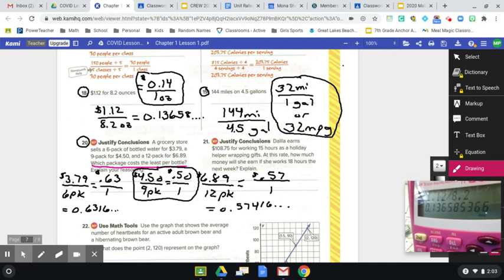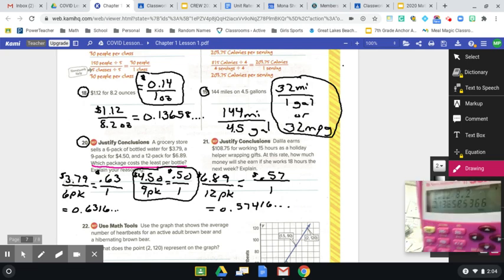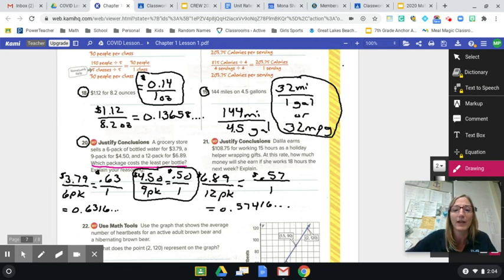So what you're looking at is that 6 in that thousandth spot. That 6, since it is above 5, you are rounding your hundredths number up. So that 6 is going to round that 3 up to a 4. So it is 14 cents per ounce. And that's how the answer was arrived at for number 18.